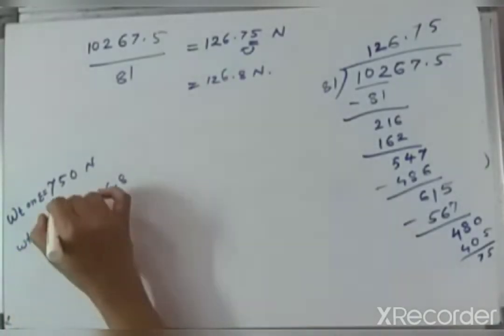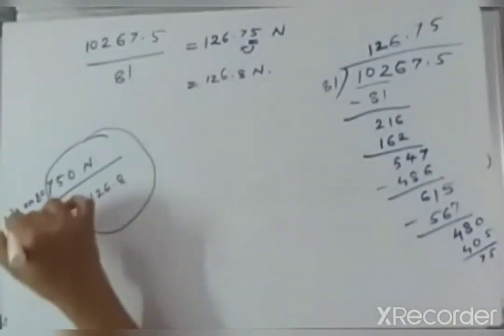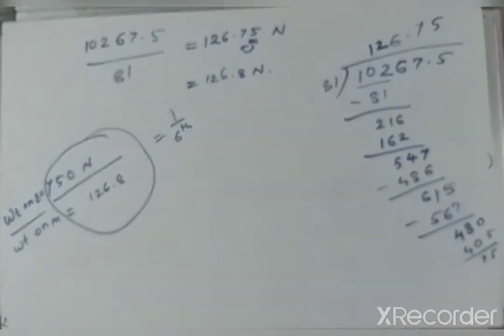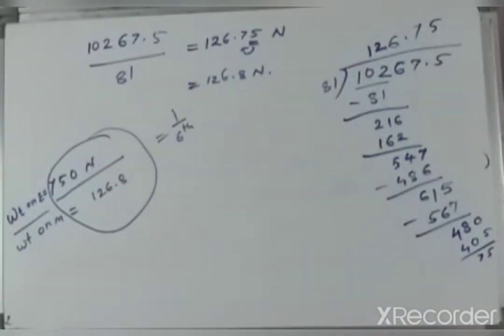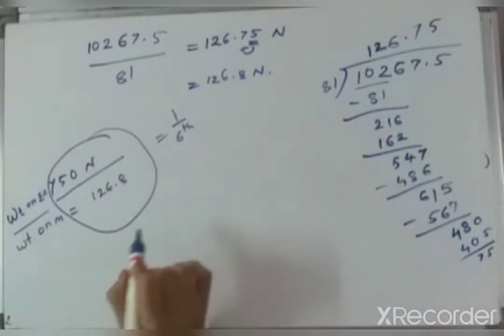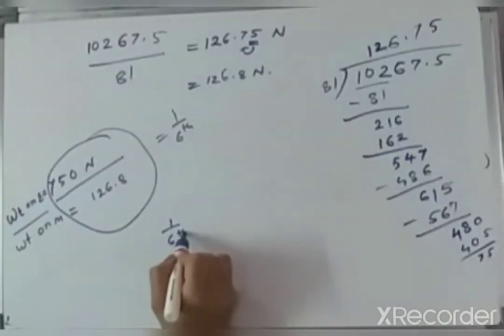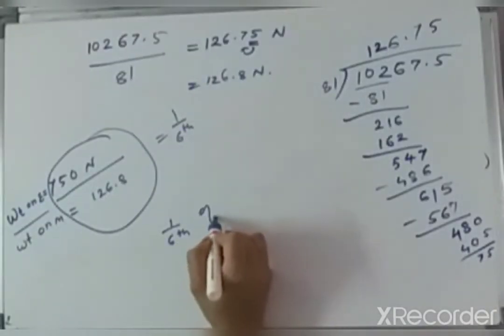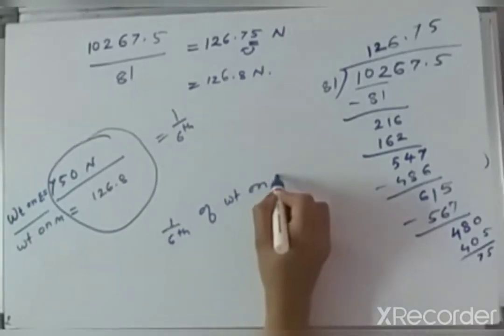So if you take the ratio of these both, it will be about 1/6 times. So the weight on the moon is nearly 1/6 of the weight on earth.